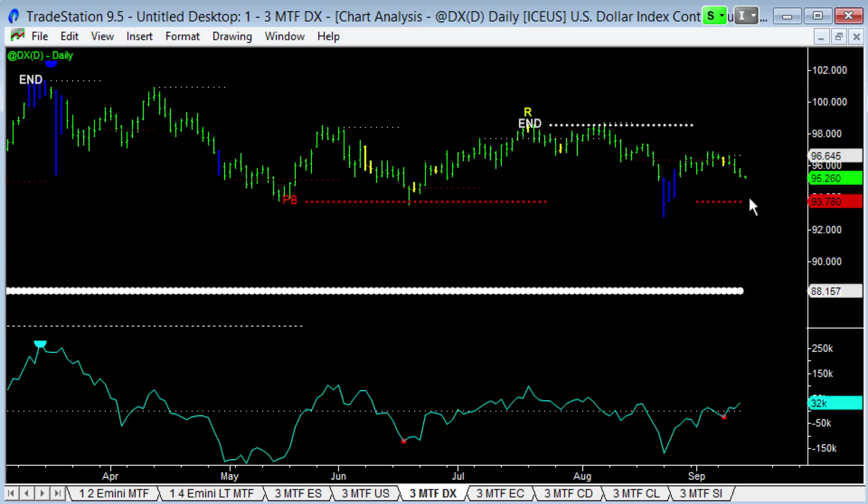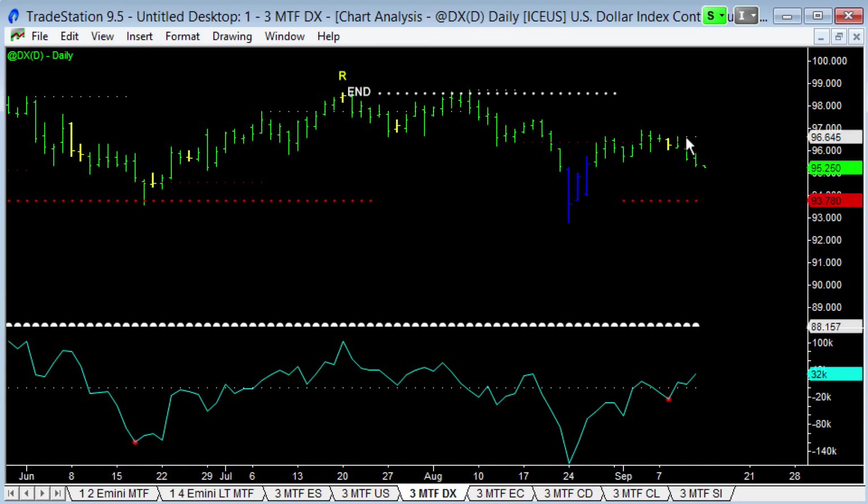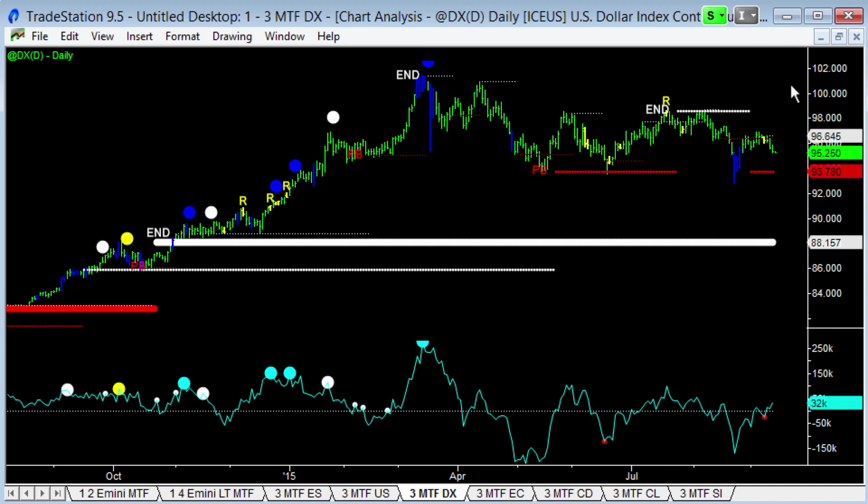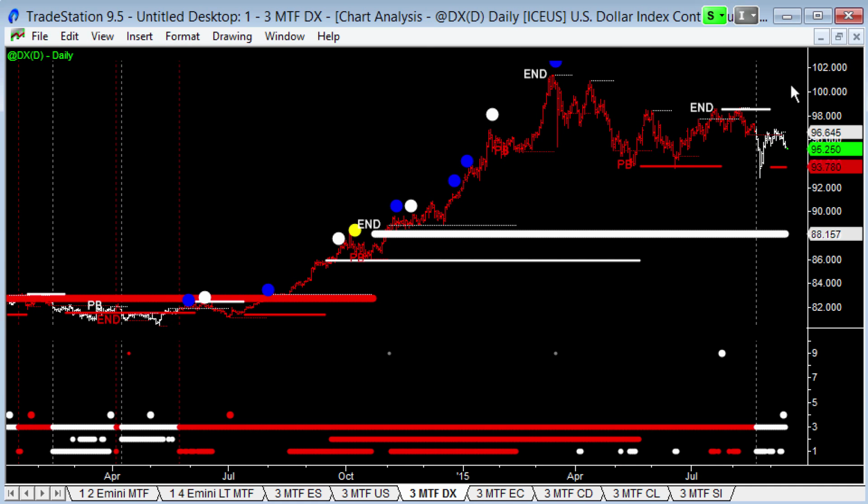And the highs and lows of this move are absolutely key. And what we're doing now is we're testing back into that blue professional bar zone here, from here to here. A break back above cyclical resistance here, which is at 96.5, would take us into a continuation of this uptrend move in the dollar index. So that is going to be absolutely critical.